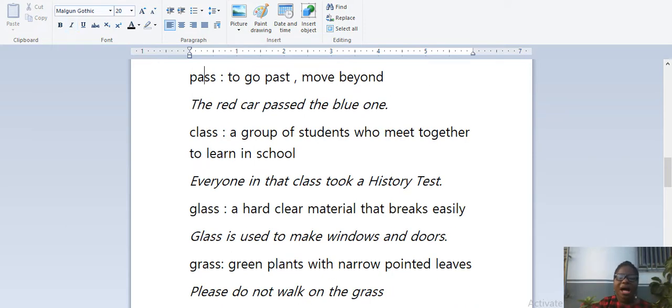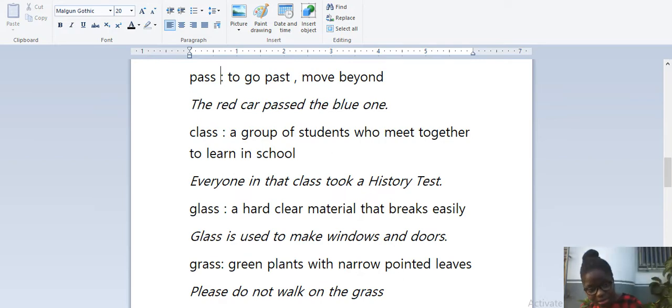So pass: to go past or to move beyond. To go past something is to pass it. Let me say that again so you understand what I'm saying. To go past something is to pass it.